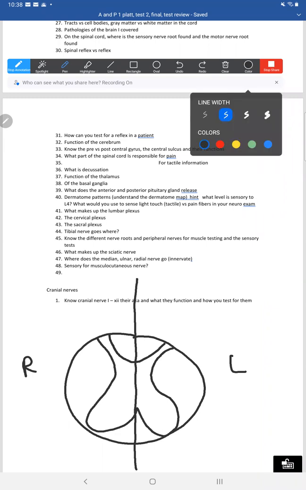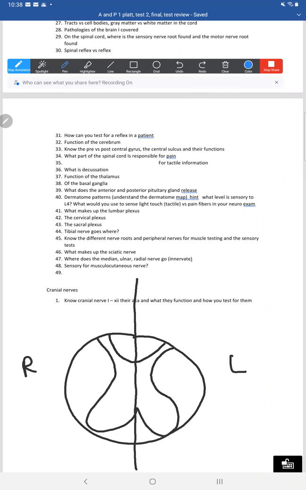Now because the question is asking about tactile, tactile travels on the dorsal columns, and those are broken down into the fasciculus gracilis and fasciculus cuneatus. This is the posterior aspect of the cord, anterior aspect.